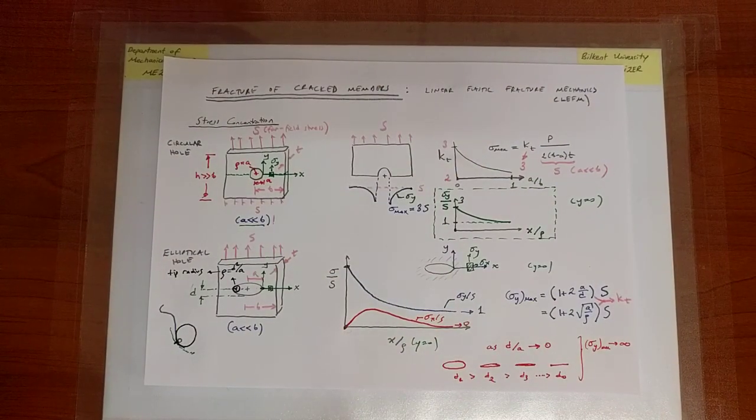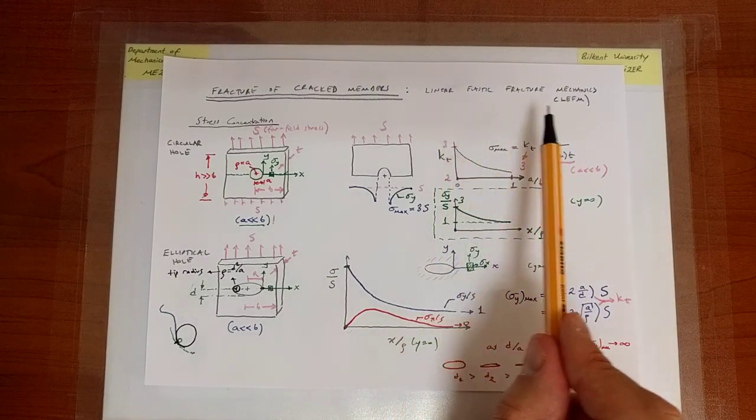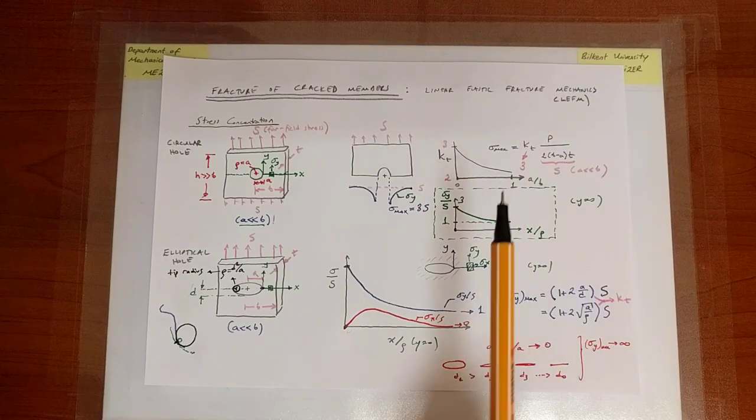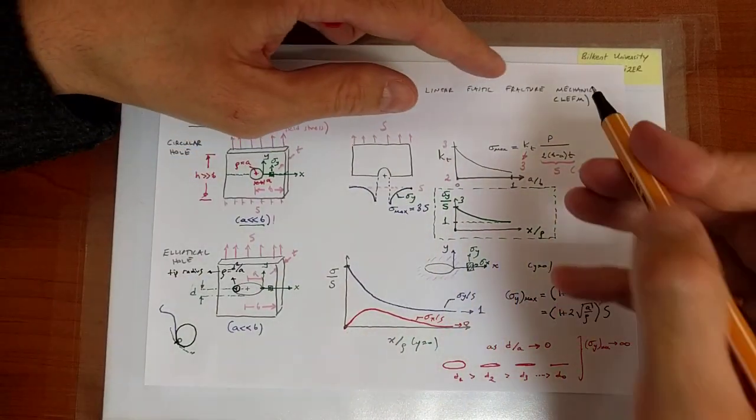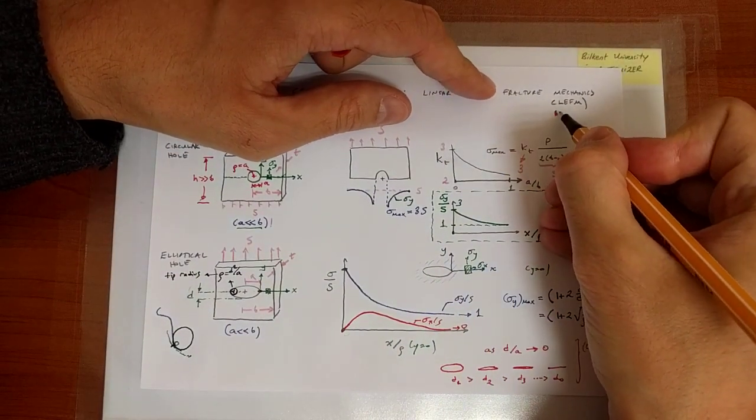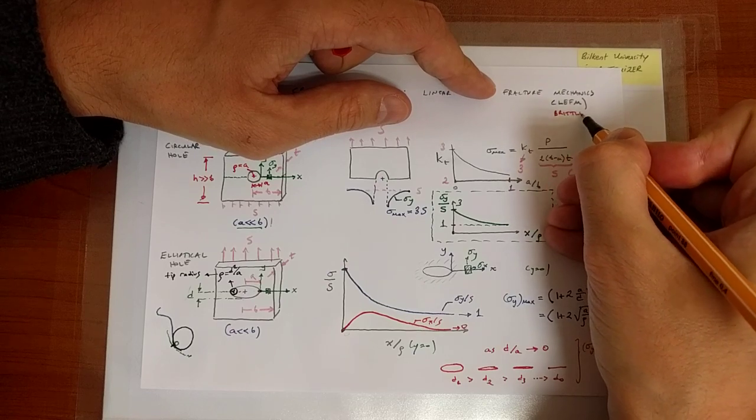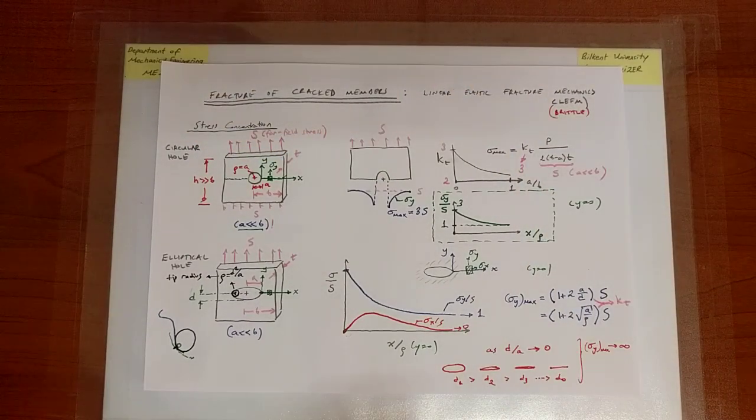Now, that is an observation with important consequences, because I am looking at a material that is governed by linear elasticity. So I'm assuming essentially brittle materials, and brittle materials eventually have some ultimate strength.